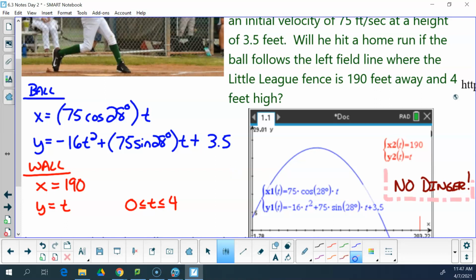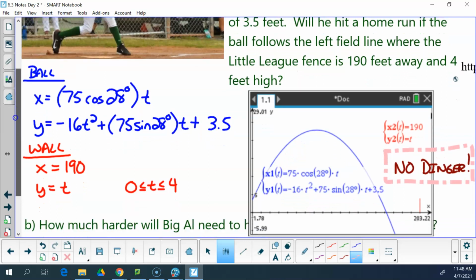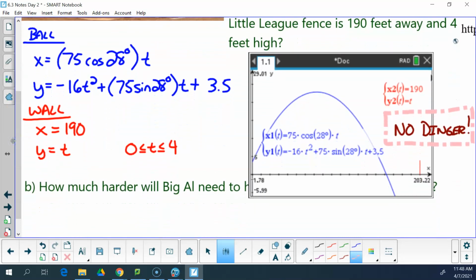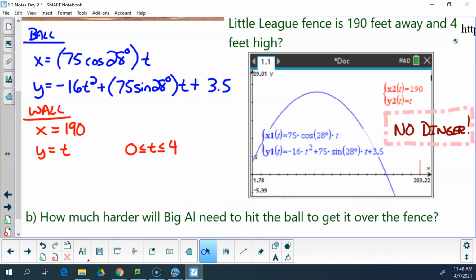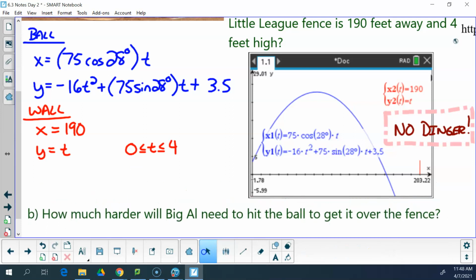Now, what we can do with my blue equation, or your first parametric, is adjust it. We can ask, how much harder does Big Al need to make contact with the ball? How much harder does he need to swing under those conditions to get a home run?